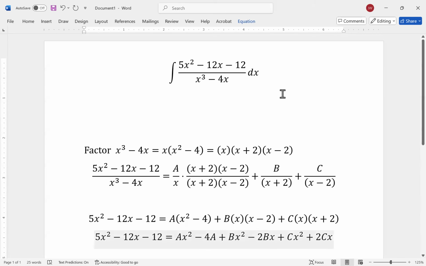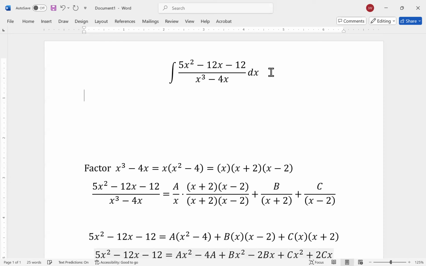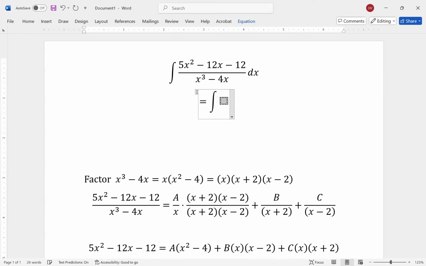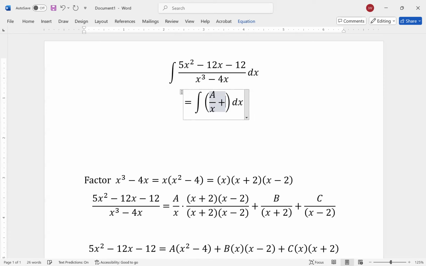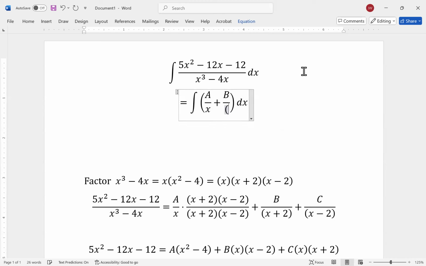So I go back up here and I say, I know this rational function can be rewritten as A over x plus B over x plus 2 plus C over x minus 2.